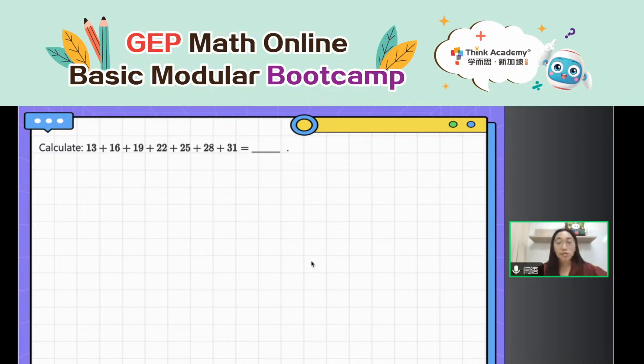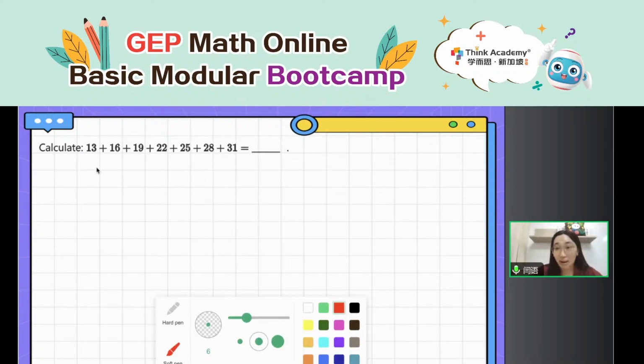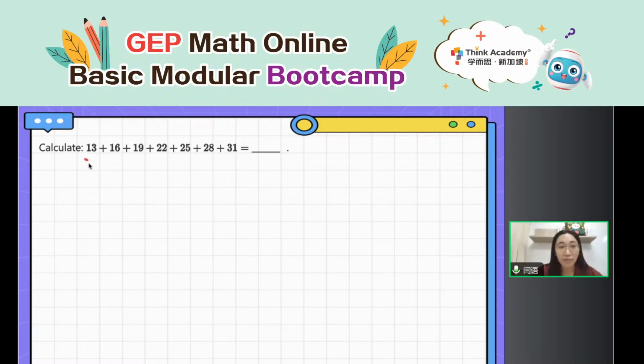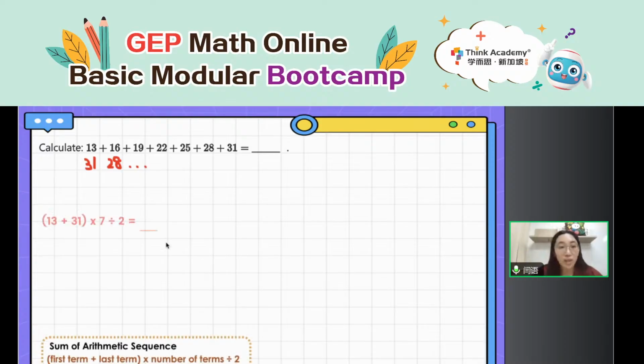Well, if you want to apply the formula, what will we get? That is the first number plus the last number, right? Just imagine that we have another train, which is 31, and then move on 28, and then 25, and then dot, dot, dot, okay? You just turn the train around. So for each column, it should be 13 plus 31, right?